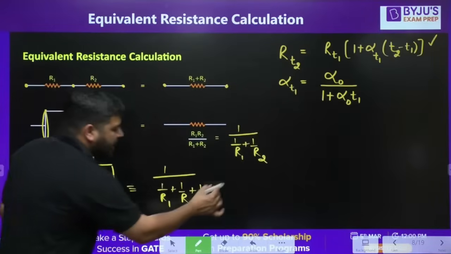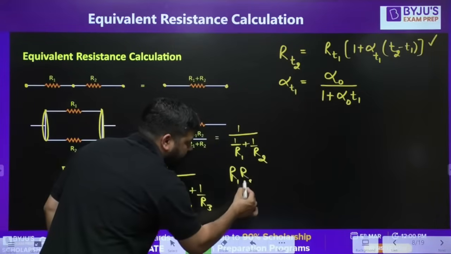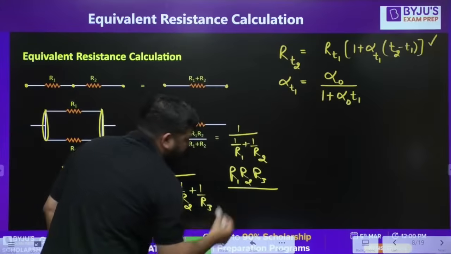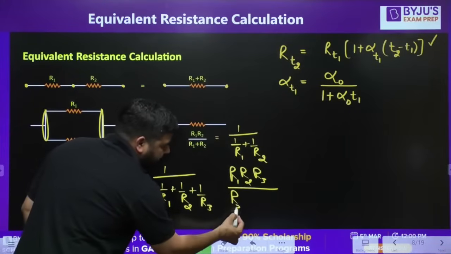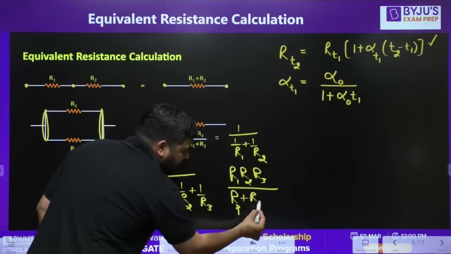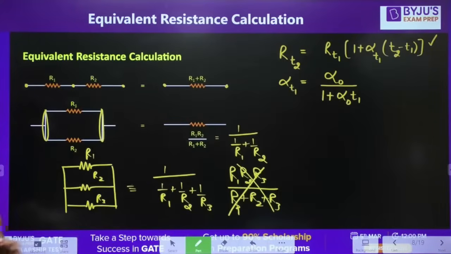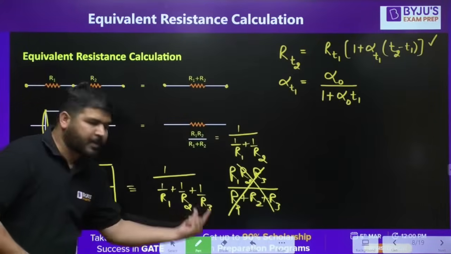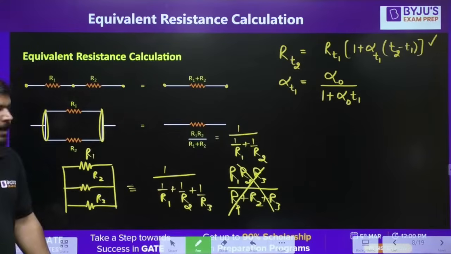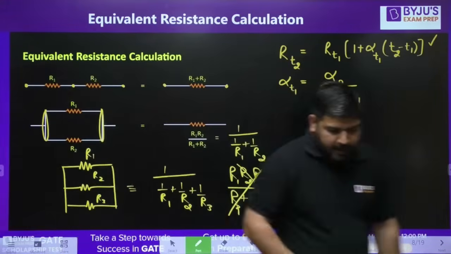They write it like this: R1 R2 R3 divided by R1 plus R2 plus R3. This is wrong. This is not correct. So आपको कैसे लिखना है? इस तरह से आप लिख लीजिए and उसको simplify कर सकते हैं आप. Okay, so please be careful, guys.